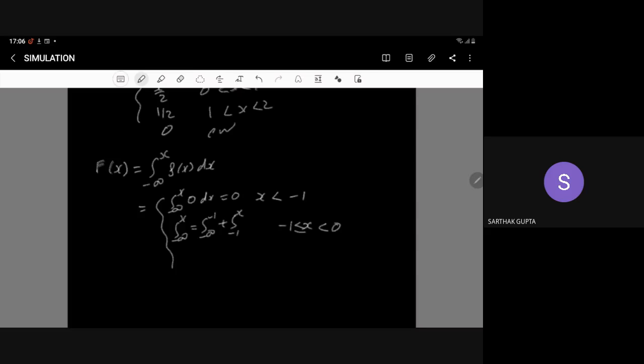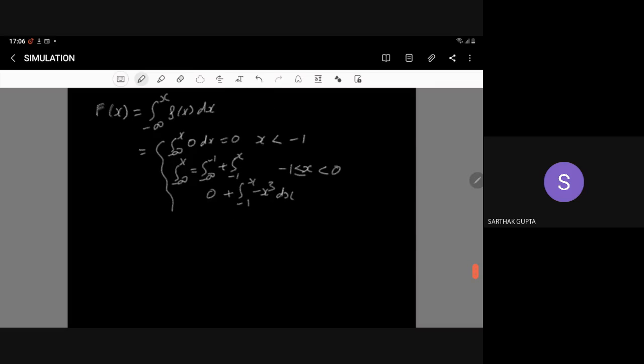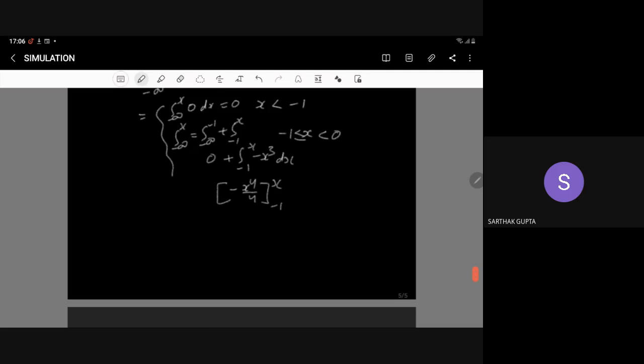We have just seen the first result is 0, and the integrand in the second is minus x cube dx. This gives minus x to power 4 upon 4 from minus 1 to x, which is 1 minus x to power 4 upon 4.